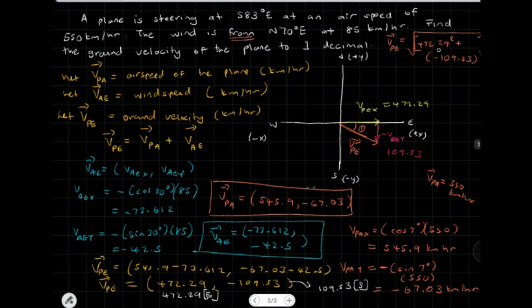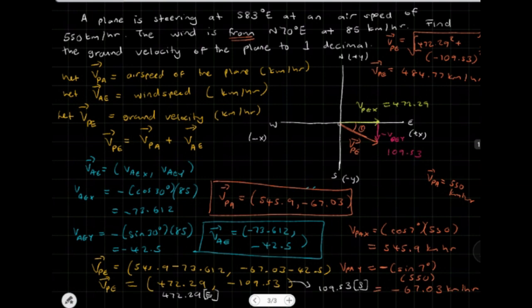So if I punch this in my calculator, I get 472.29 squared plus 109.53 squared. If I square root this, I get 484.77 kilometers an hour. So this is my ground velocity, but once again, it's a velocity, so I also have to figure out my angle.